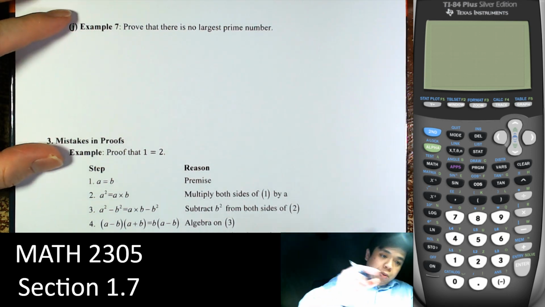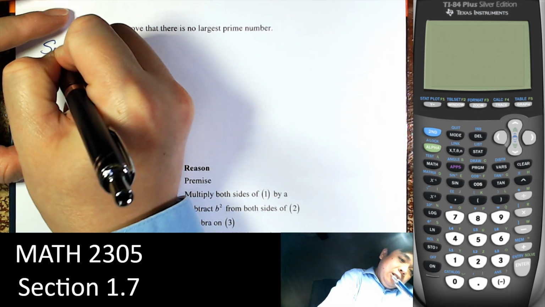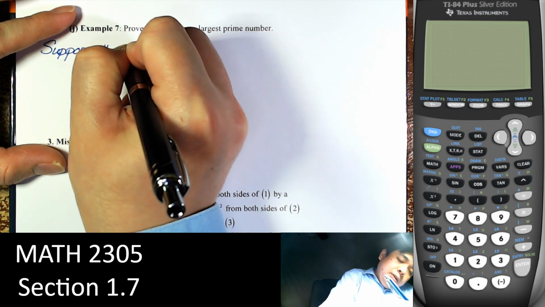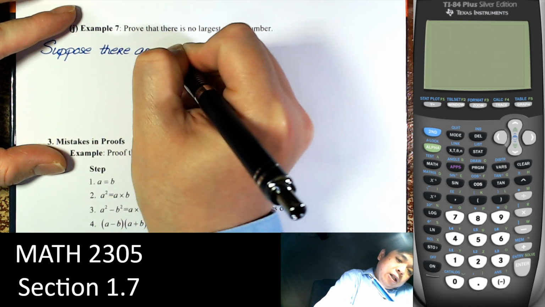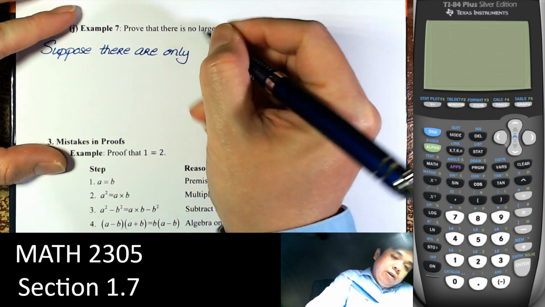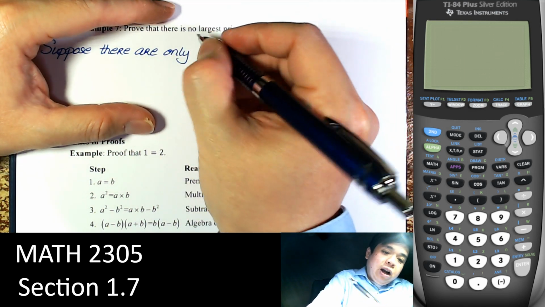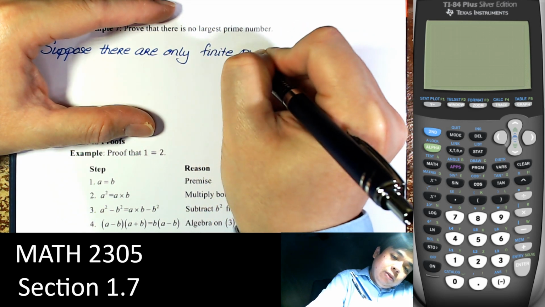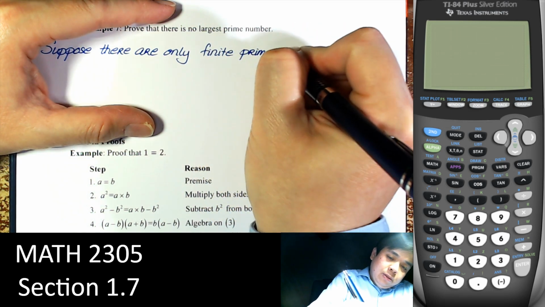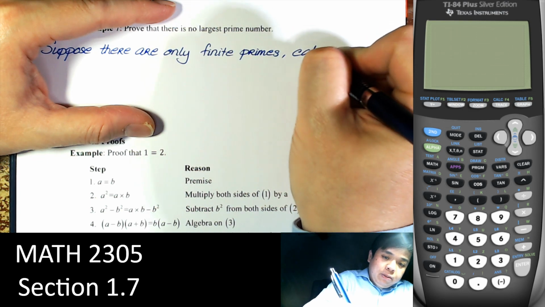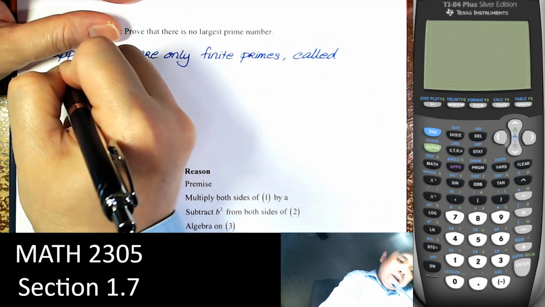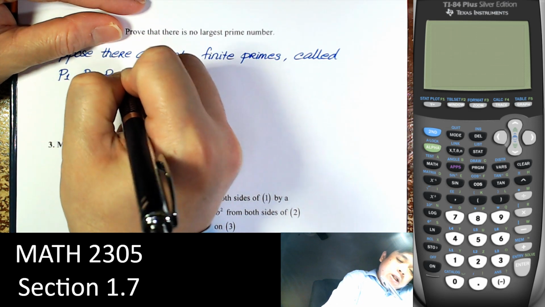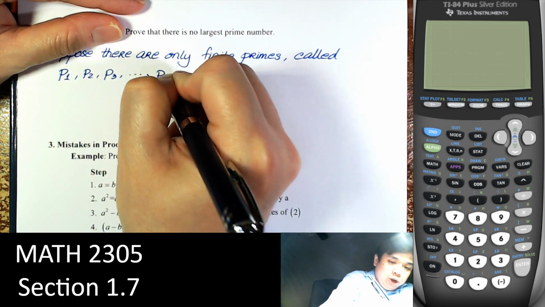Suppose there are only finitely many primes, and let's call them P1, P2, P3, all the way to Pn.